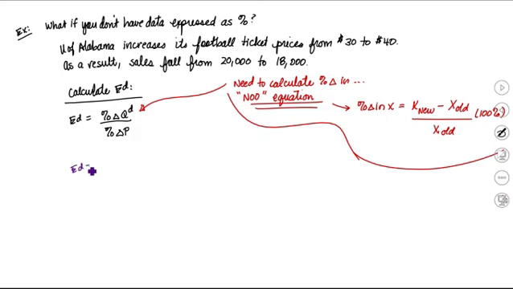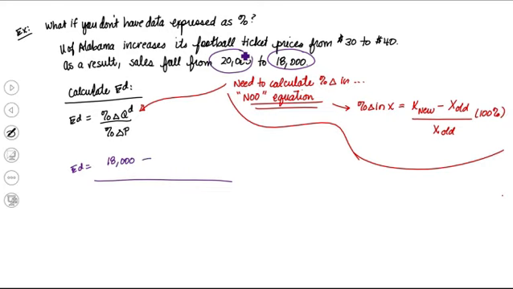So elasticity of demand, let's start with the numerator. What is our new quantity, everybody? What's our new quantity in this problem? 18,000. So we've got 18,000 minus our old quantity, which was 20,000, right? All divided by our old quantity of 20,000 multiplied by 100%.